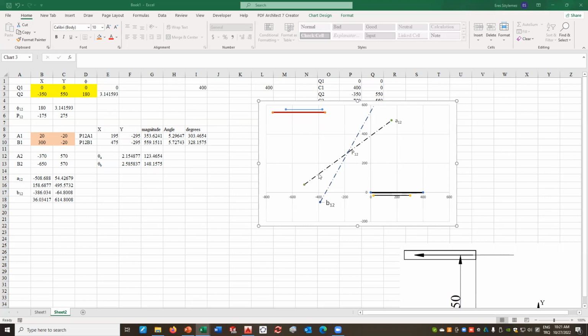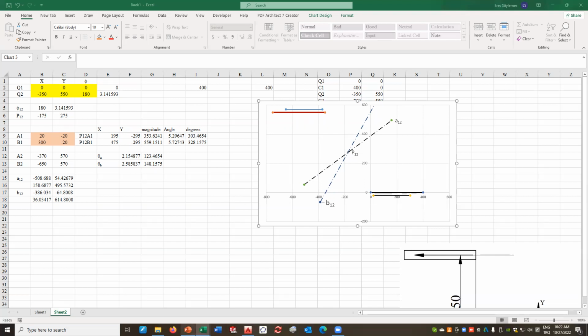Now we have to select a point A0 on A12 and a point B0 on B12 to form a 4-bar mechanism that will move this rigid body from the first position to the second, or from the second to the first.